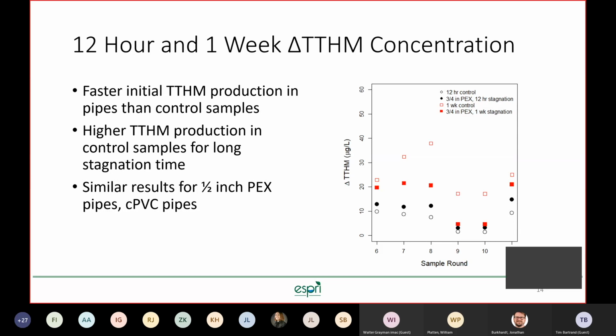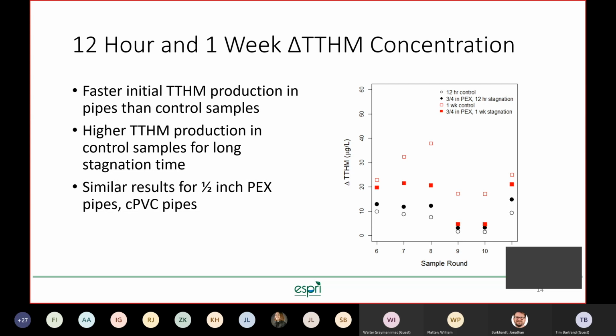The 12-hour control, the amber bottle that was kept in the dark, is shown as open circles, and the filled circles show the 12-hour results from the 3/4 inch PEX pipes. You can see that there was a bit more formation in the pipes than in the control sample for 12 hours. For 1 week, that trend flips.